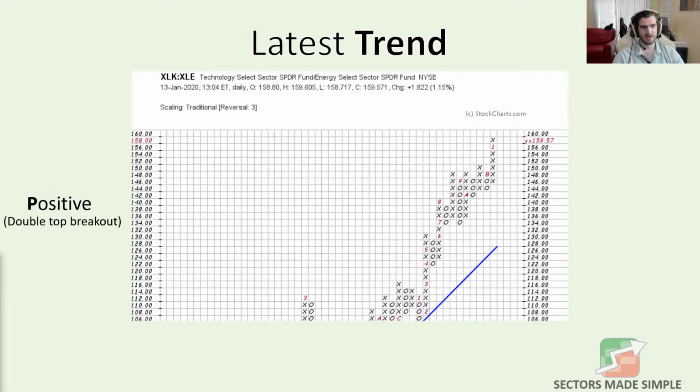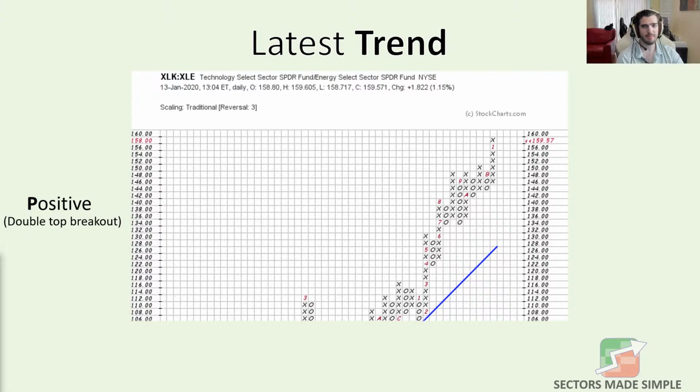Then we get trend. To not get too crazy into point and figure, there's this idea of breakouts, which is our current column or our current direction broke above a previous point. Again, if you're interested in that, our relative strength video for our Back to Basics series goes into a lot more detail.